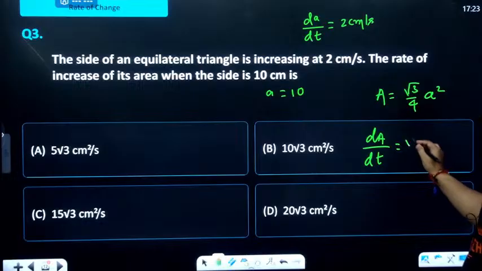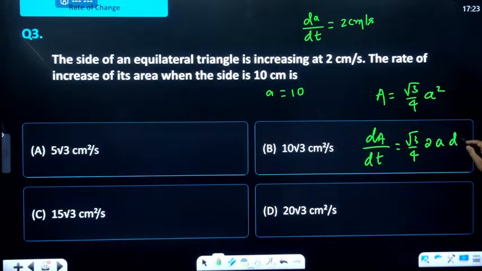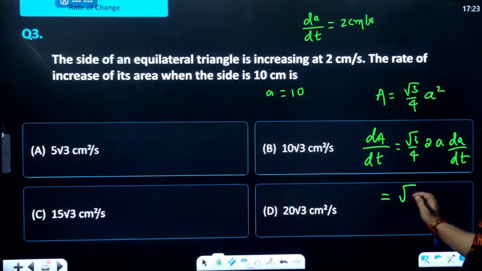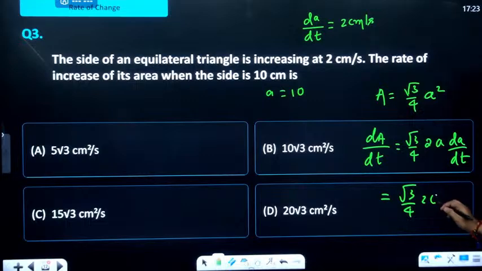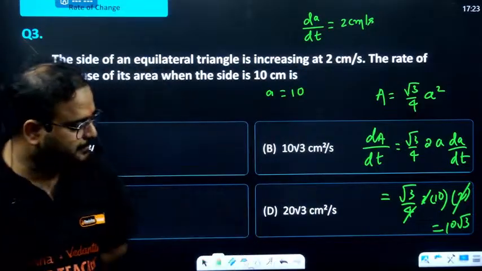Root 3 by 4 is a constant. This becomes 2A dA by dt. We have all the values, so put the values back. 2 here, A value is given as 10, and this is given as 2. This 2 cancels, we get 10 root 3 centimeter square per second.